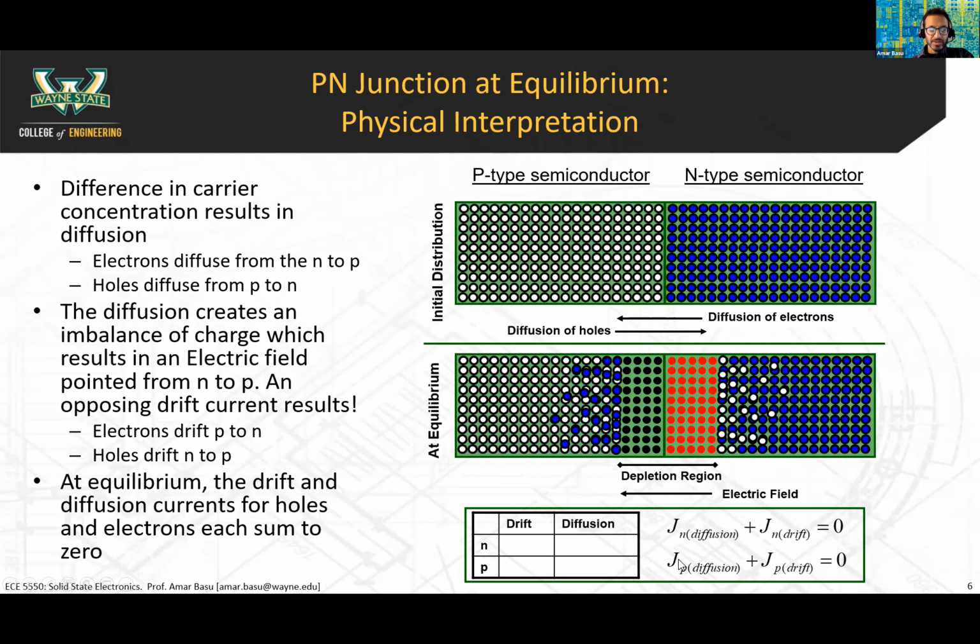Just as a quick exercise, to test our understanding of this, let's put in arrows here for the diffusion current and drift current. I'd like everybody to take a couple minutes to do that. In each one of these boxes, I would like you to indicate the direction of the current, not the flux, the current.